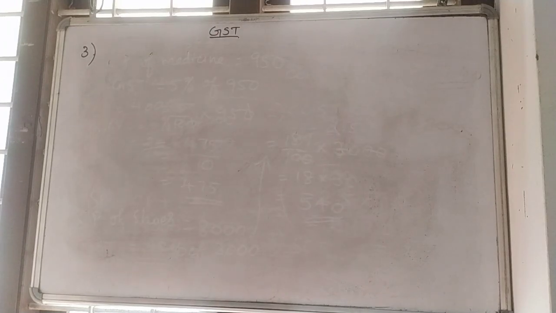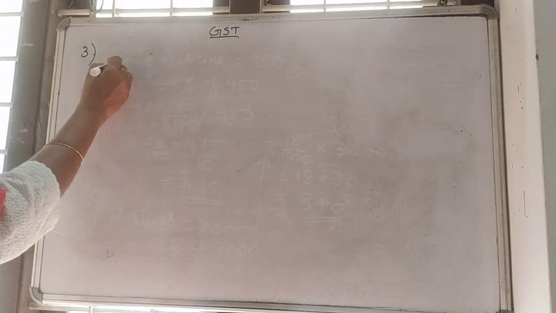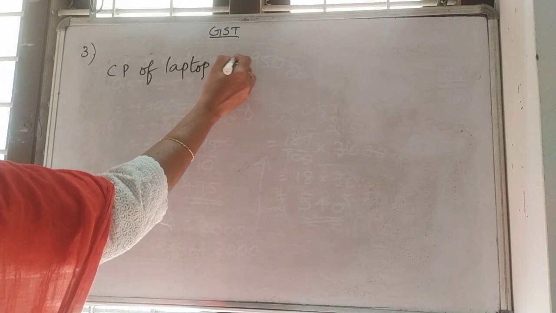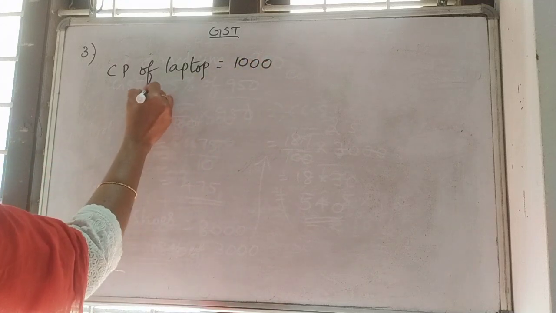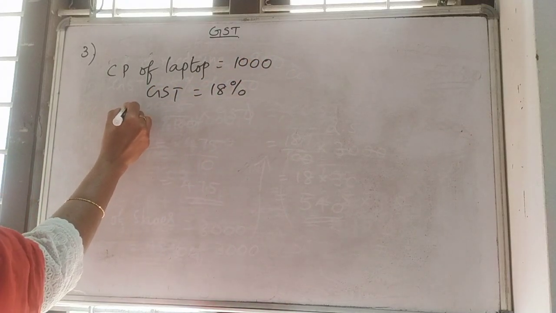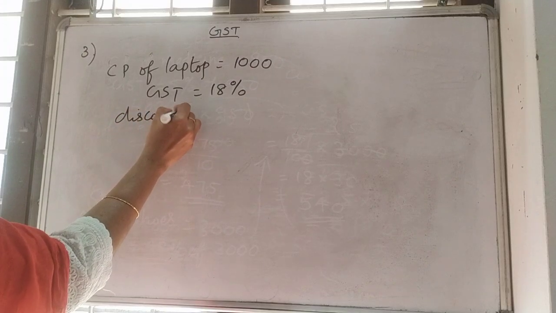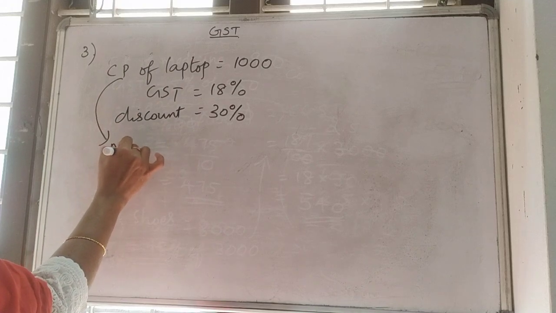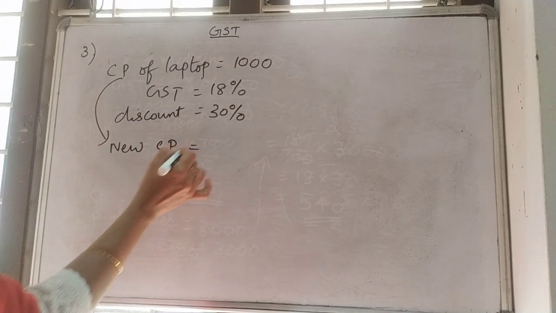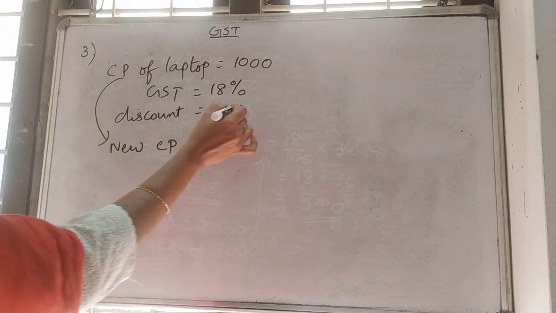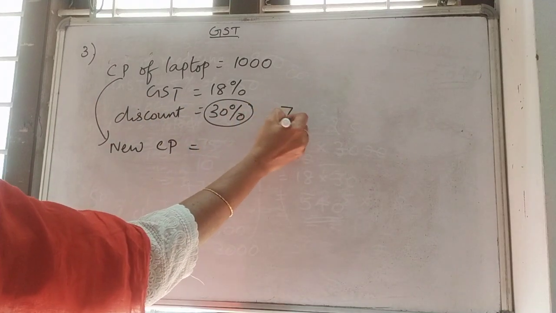Next, the cost price of the laptop is given as what? Cost price of laptop is rupees 1000 and GST is given as 18%, but they are giving a discount of 30%. So what will be the new cost price of this laptop? They are giving a discount of 30%, so the remaining we have to pay.